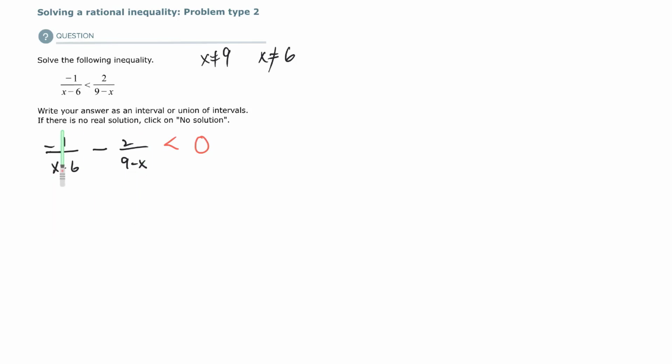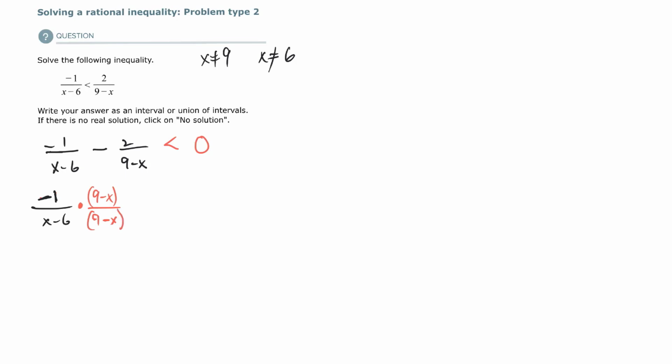Now our goal, we should be able to figure this out. Well, why don't we subtract two fractions? How do we subtract two fractions? We use a common denominator. Let's try -1 over x minus 6 times 9 minus x over 9 minus x.